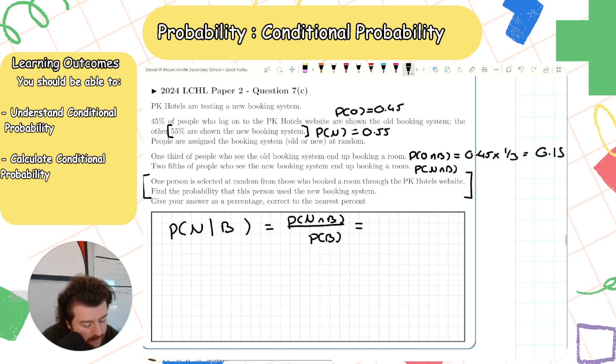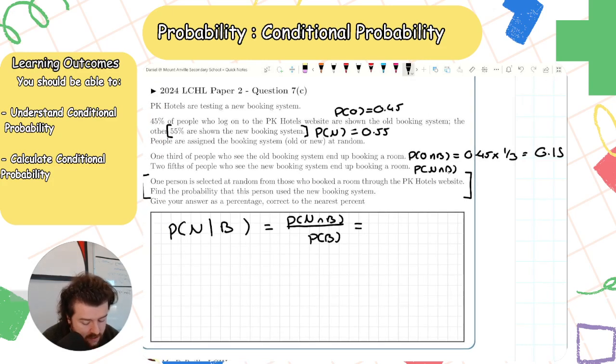What's the probability to use the new booking system and book the room? That's 2/5. So 0.55 times 2/5 is equal to 0.22.